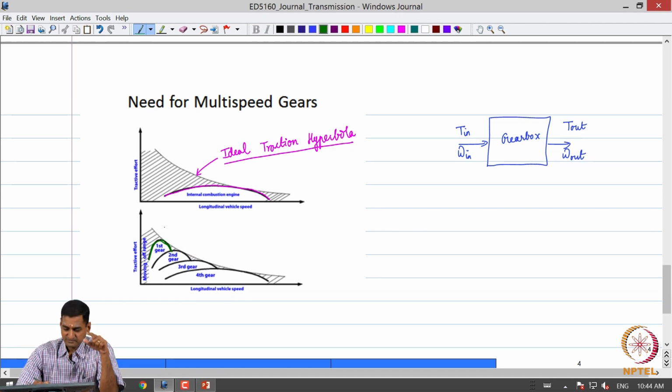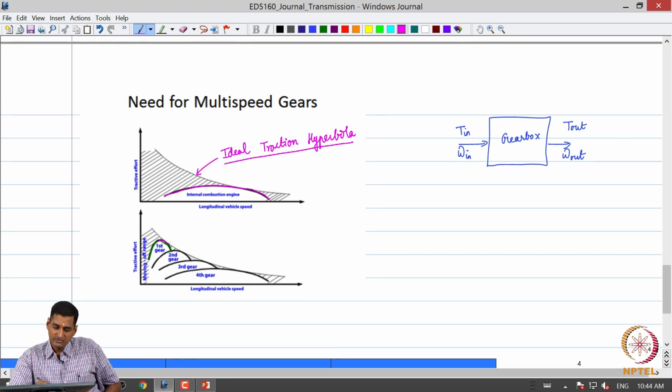Now when we are driving a car, let us say we engage in first gear and then we start moving. So we can immediately observe that we are going to go close to the ideal traction hyperbola, still there is a mismatch.